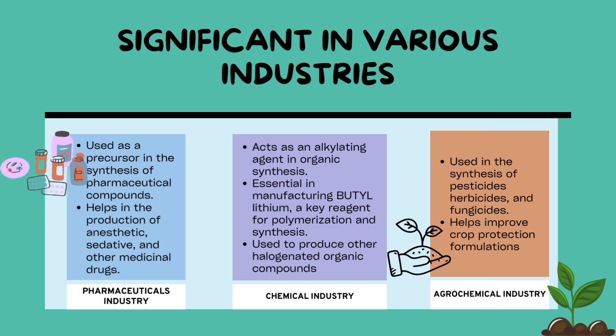Second, chemical industry, acts as an alkylating agent in organic synthesis, essential in manufacturing butyl lithium, a key reagent for polymerization and synthesis, used to produce other halogenated organic compounds. Third, agrochemical industry, used in the synthesis of pesticides, herbicides, and fungicides, helping improve crop protection formulations.